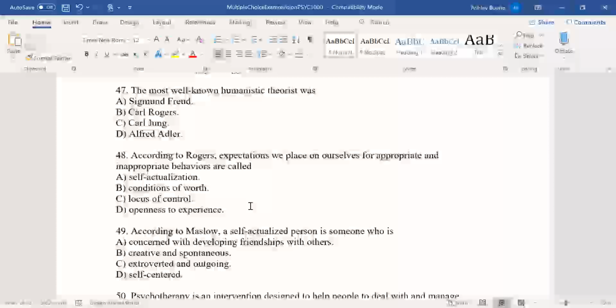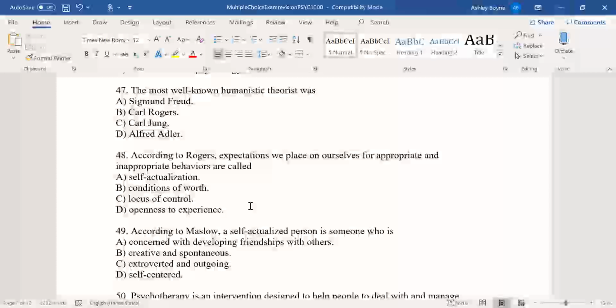So this is an example of A, displacement, B, projection, C, regression, or D, sublimation. Okay, I'm seeing A, I'm seeing B. A, B. Okay, so the correct answer is displacement.